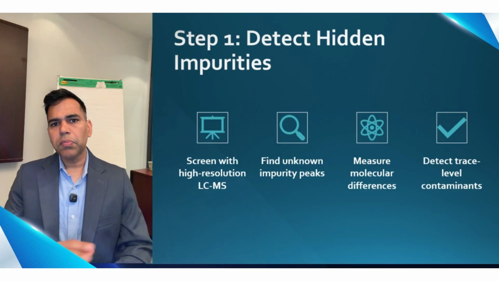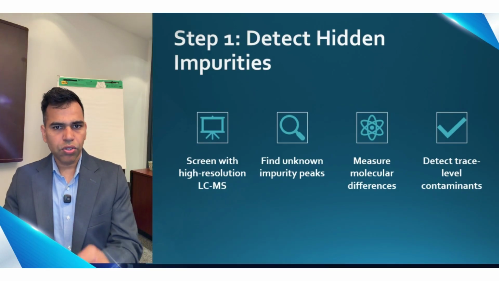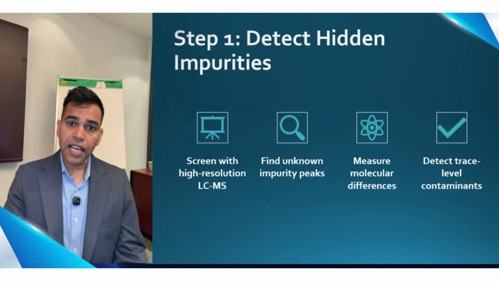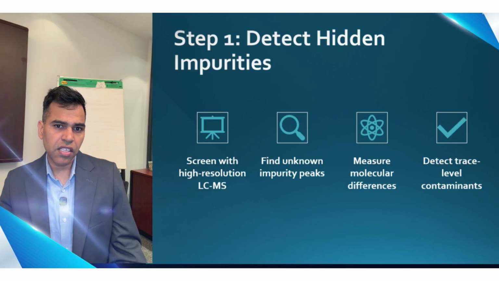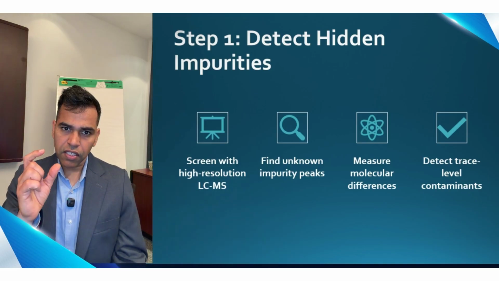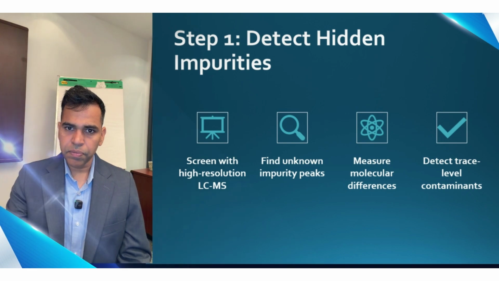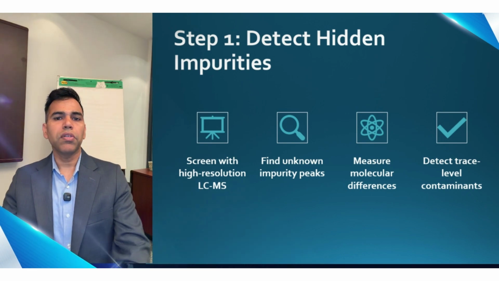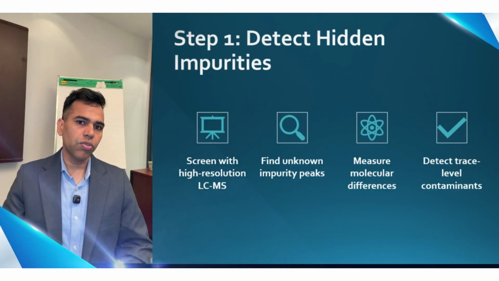We have characterized materials where the UV trace showed greater than 98% purity, and HRMS revealed 3 distinct molecular species beneath that single chromatographic peak. That is not an unusual finding, it is simply invisible to methods not designed to see it.